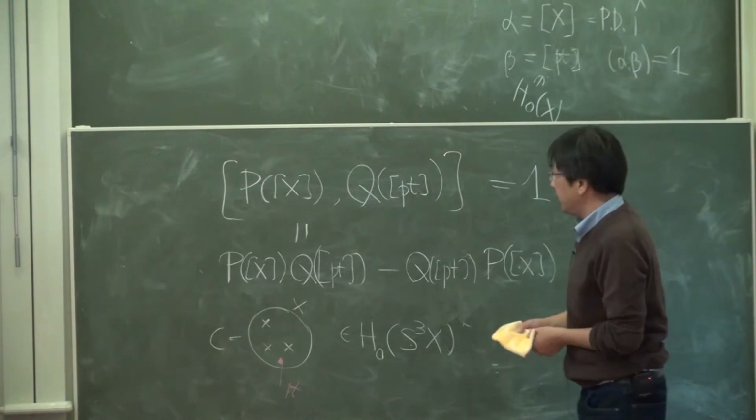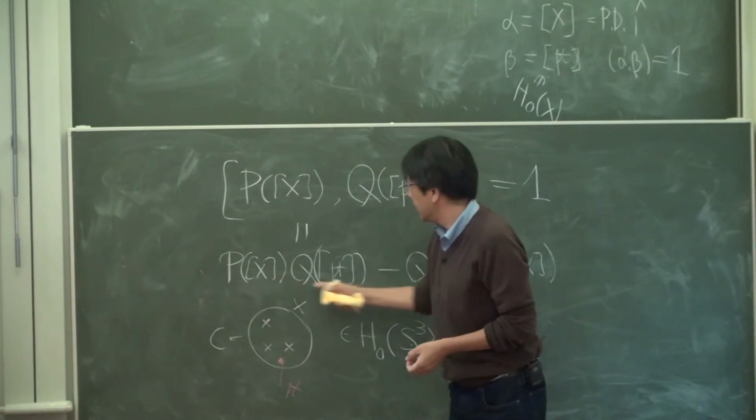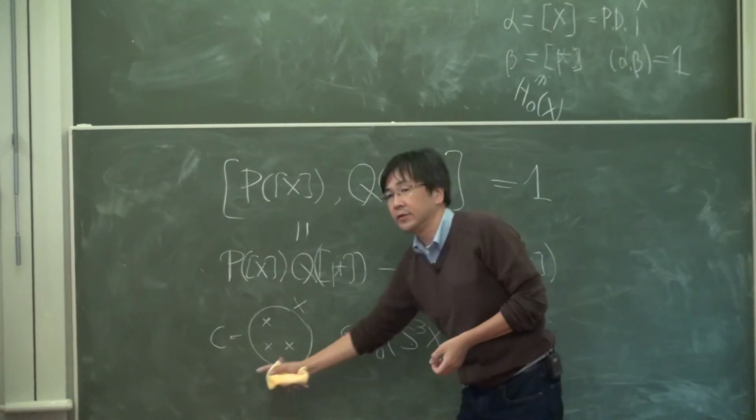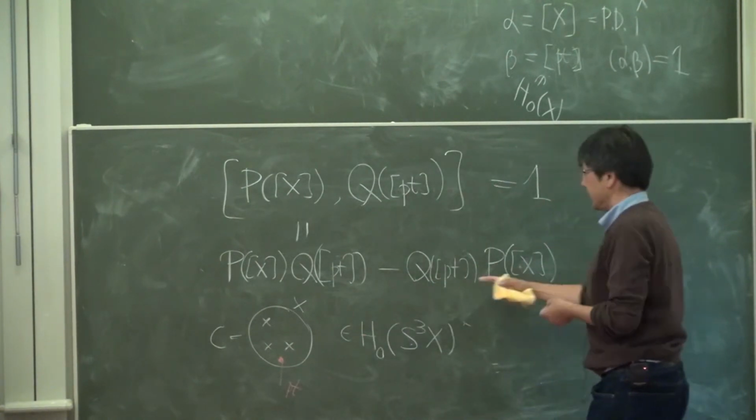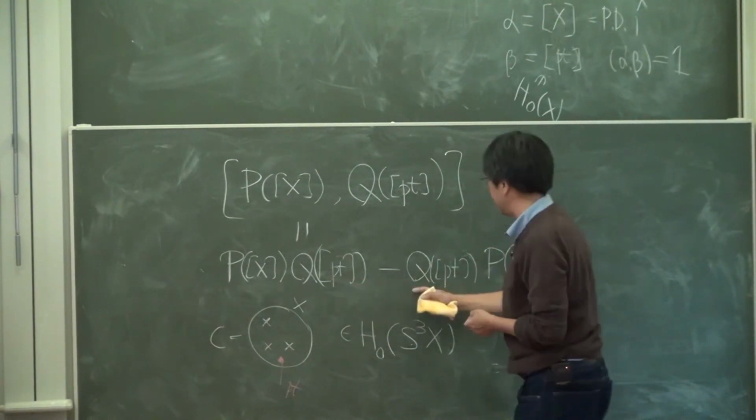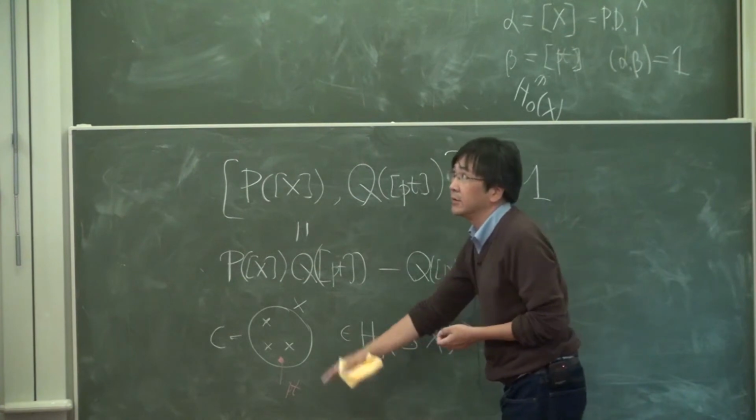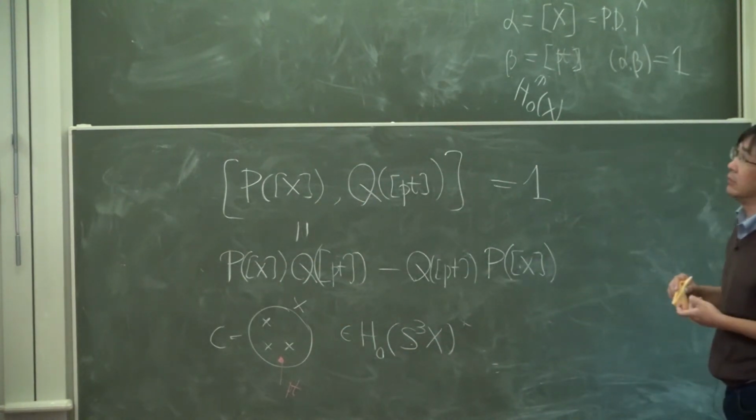So then I compute the operator PQ applied to this class and QP, and consider the difference of PQ and QP applied to this class. That is drawn in this picture.